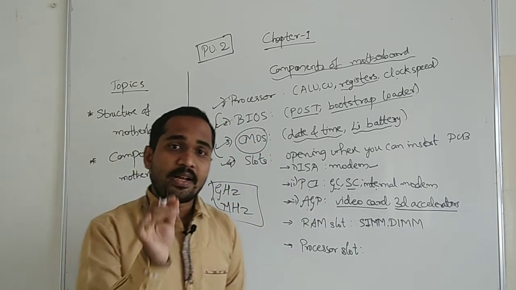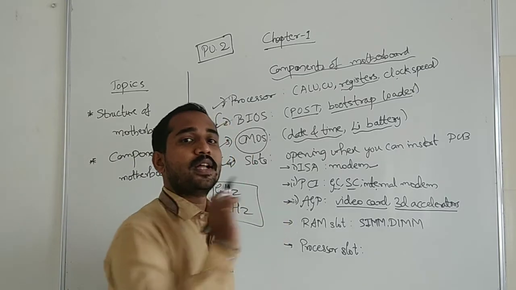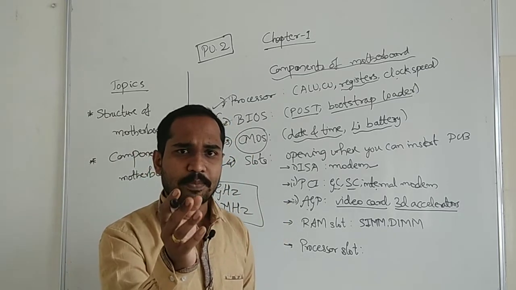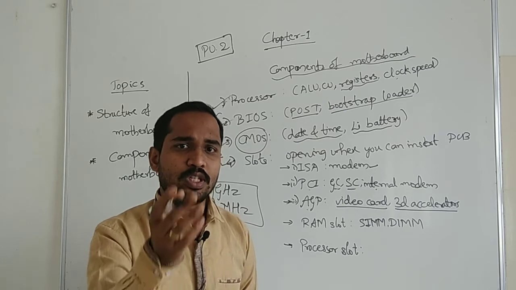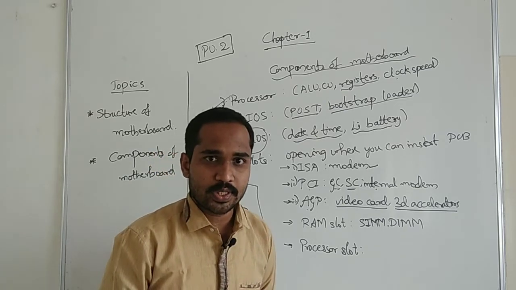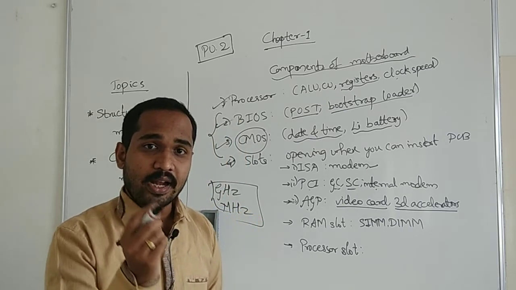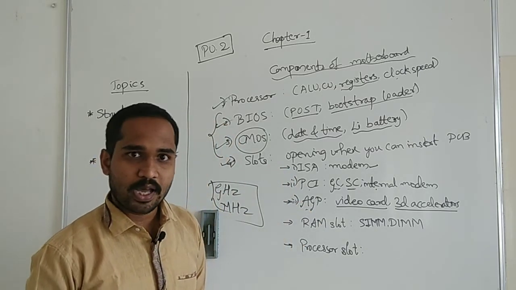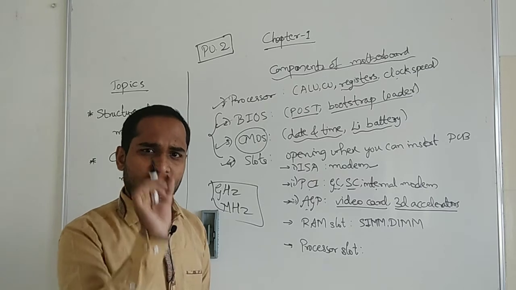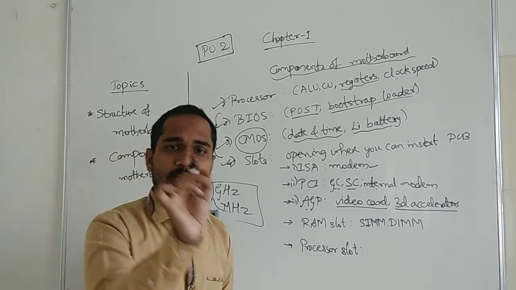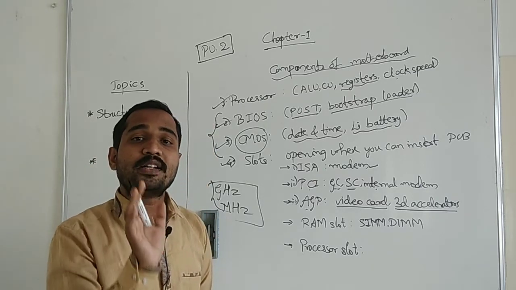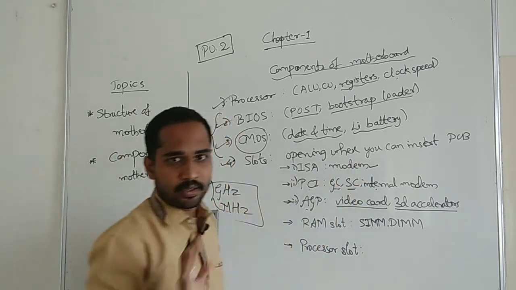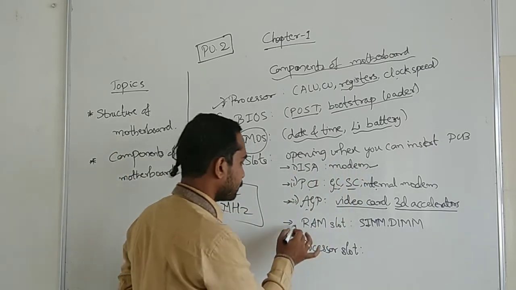The graphics card has to be inserted in this Accelerated Graphics Port. All your laptops have a graphics card, 1 GB graphics card, 2 GB graphics card, as you say. That card will be inserted in this slot. This is just the opening. Slot means the opening, and there you insert your cards. What all cards you insert, that we are listing here. I hope this is clear.